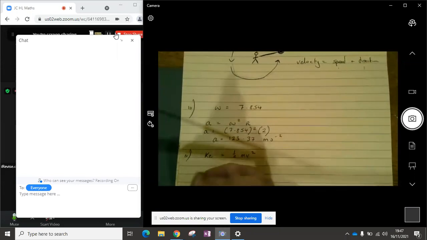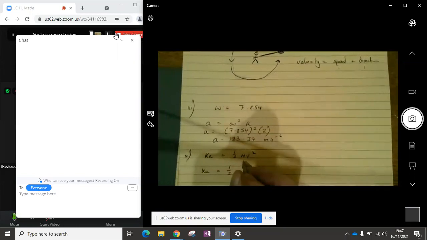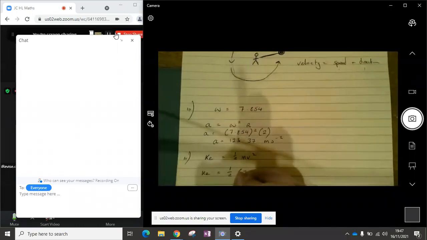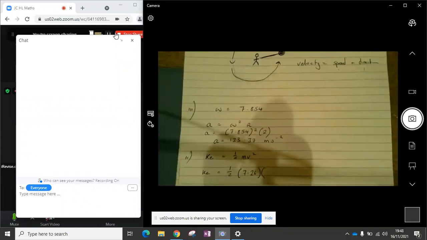KE is equal to half the mass of our hammer, which was 7.26. Velocity of the hammer.